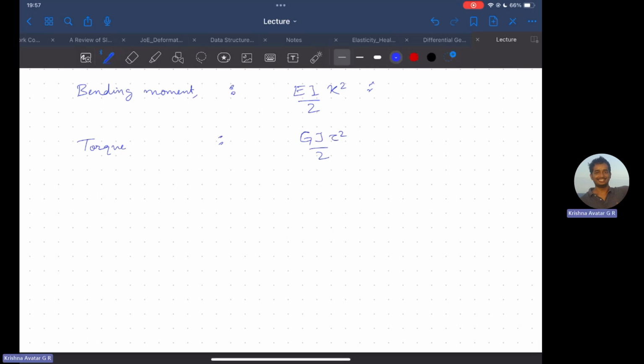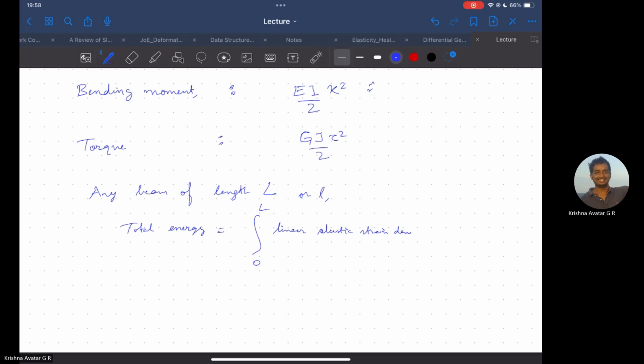So what we can say is that for any beam of length L, or length L naught, or why not capital L, the total energy is always going to be the integral from 0 to L of the linear elastic strain density into dS.